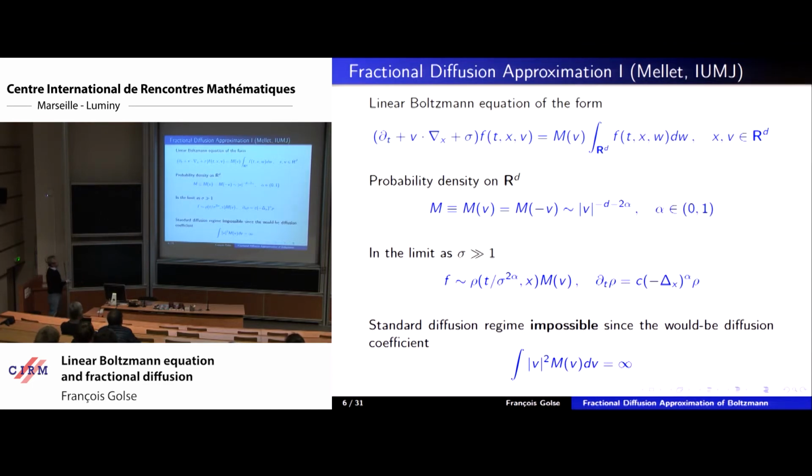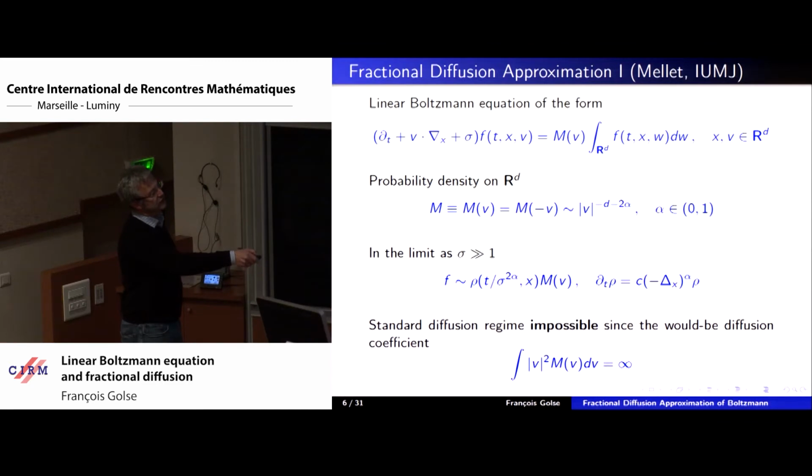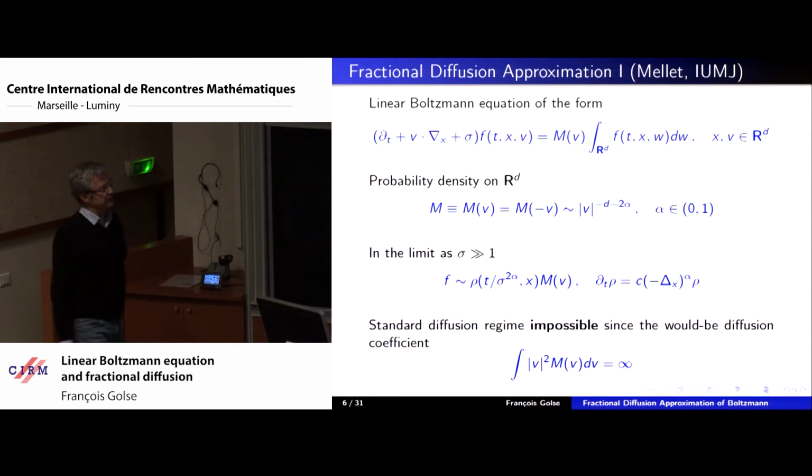In other words, the appropriate time scale to describe the large sigma limit of f is t over sigma to the 2 alpha. And this rho profile is a solution to this fractional diffusion equation with some coefficient C, which you compute from the data.